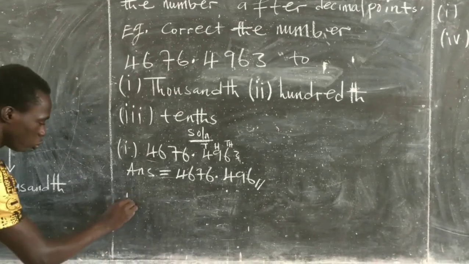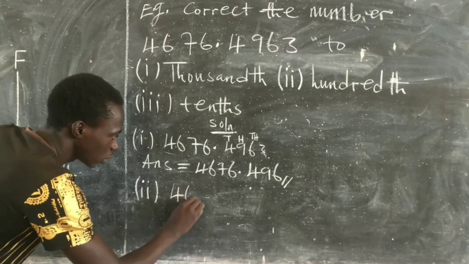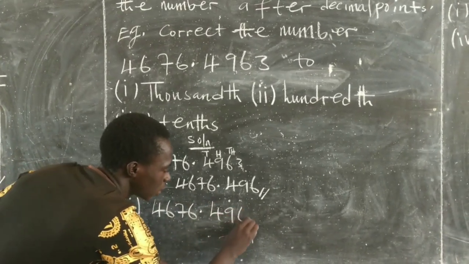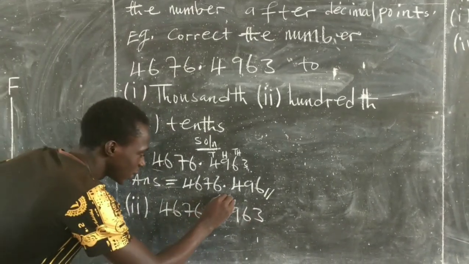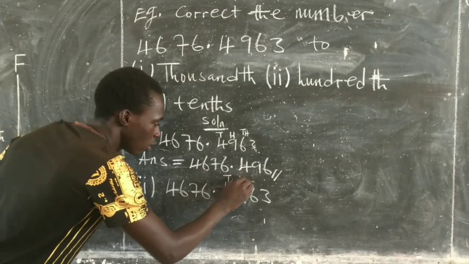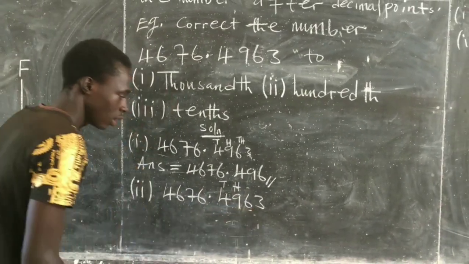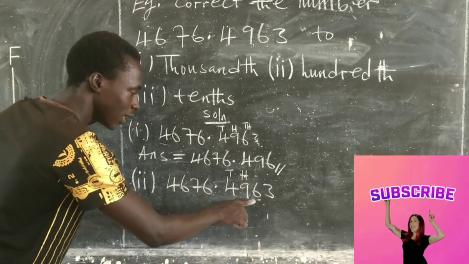So Roman figure 2, to the 100th digit, the same number, 4676.4963. So this is the 10th, the 100th. The next number is 6. We have to take 1 from it and add it to this 9 because it is greater than 5.